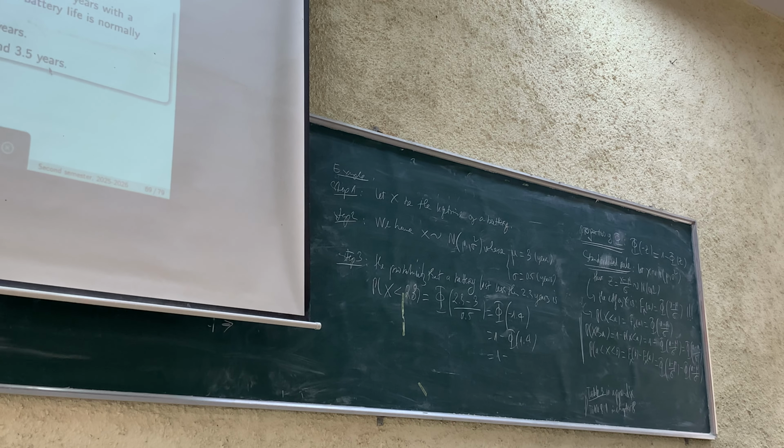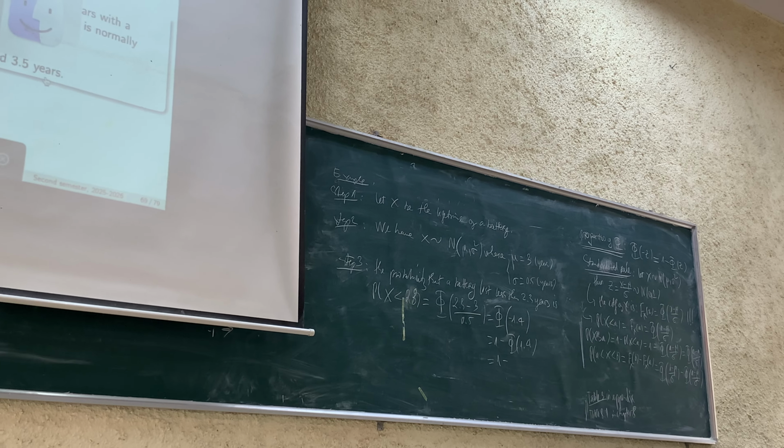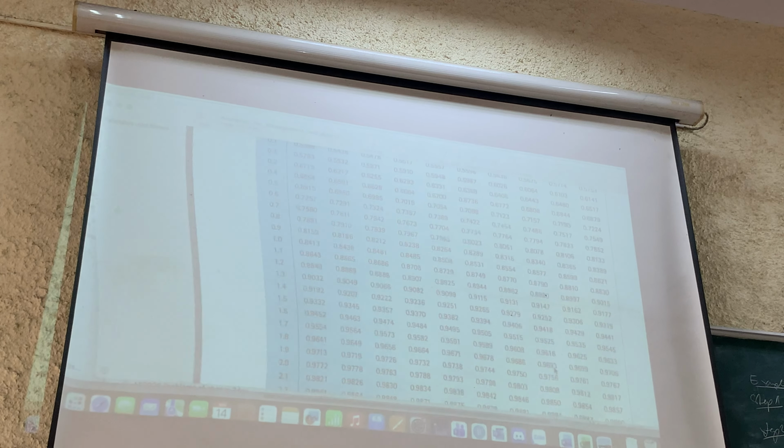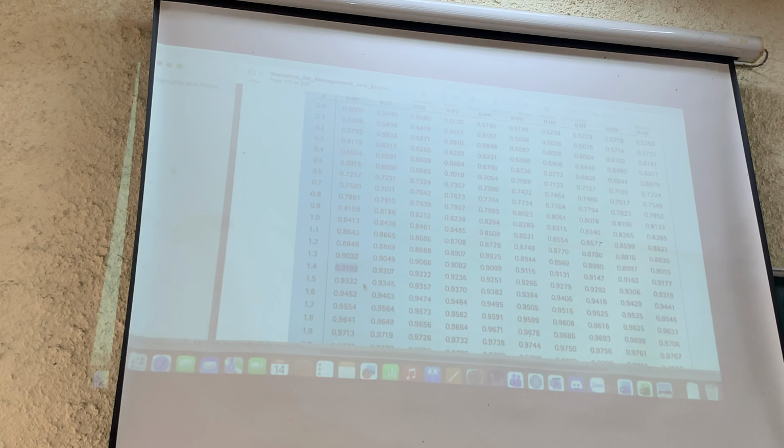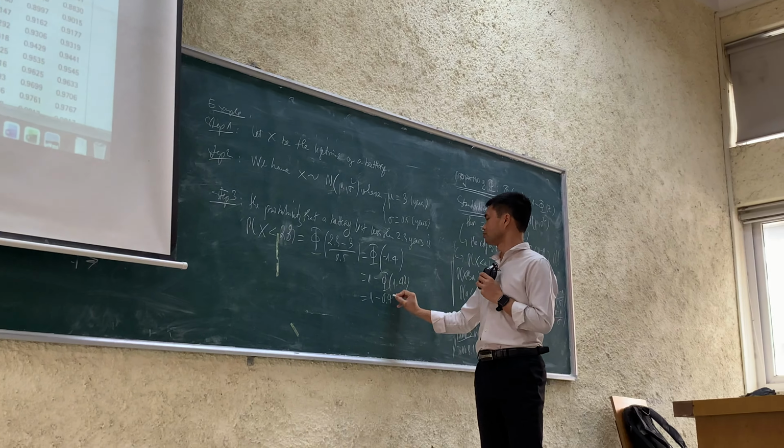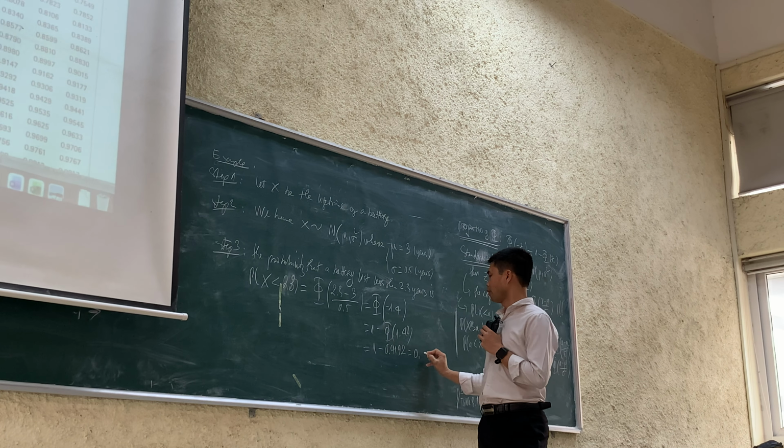Then you look at the table. 1.4 is 1.40, so you look at 1.4 and the column 0. The probability is 0.9192. So 1 minus 0.9192 is 0.0808, so it's about 8.08%. Okay?